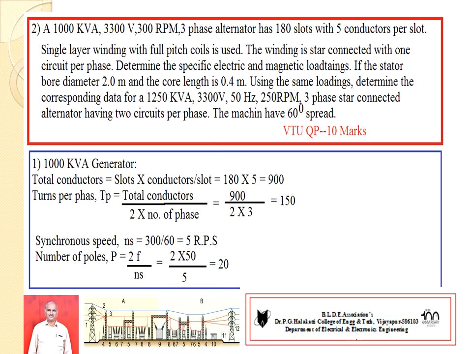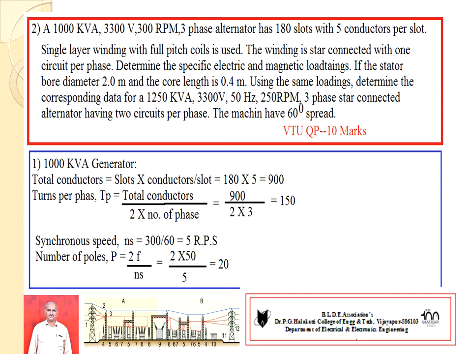Problem number 2. A 1000 kVA, 3300 volts, 300 rpm, 3-phase alternator has 180 slots with 5 conductors per slot. Single layer winding with full pitch coils is used. The winding is star connected with one circuit per phase. Determine the specific electric and magnetic loadings.